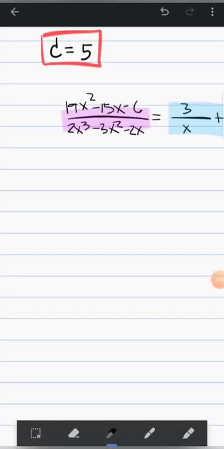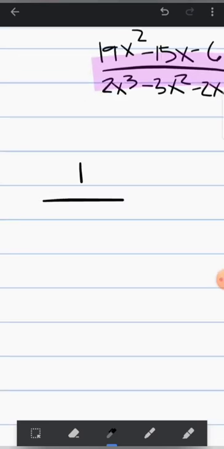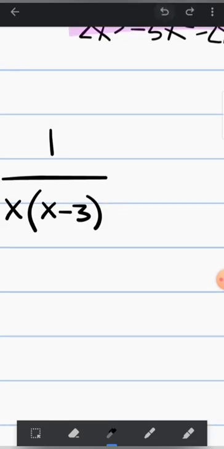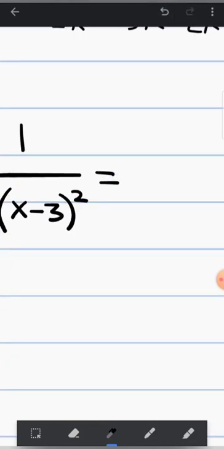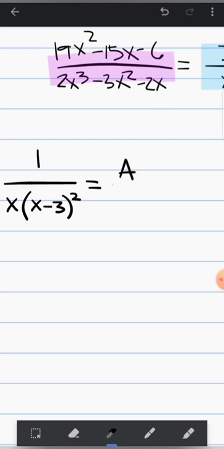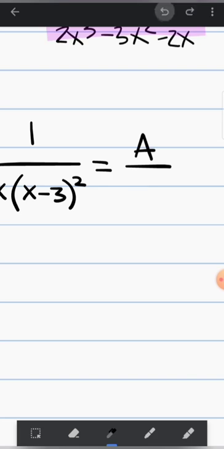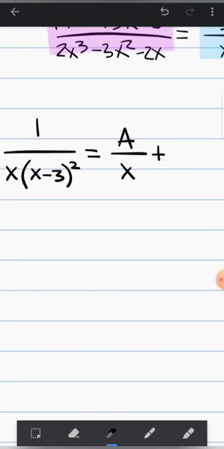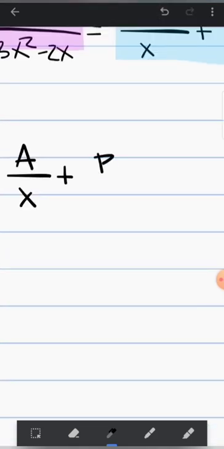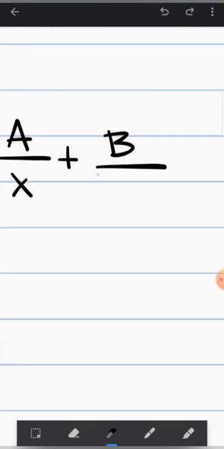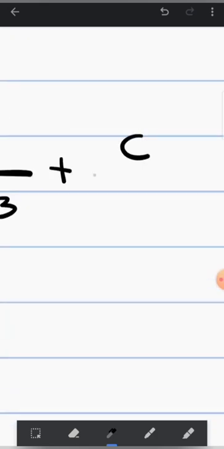So this next example here is a little bit different because its denominator is a repeated factor. Whenever you have this format, all you have to do is, of course, the first factor plus the second, but not this, just what's inside. So x minus 3 and then plus another constant.